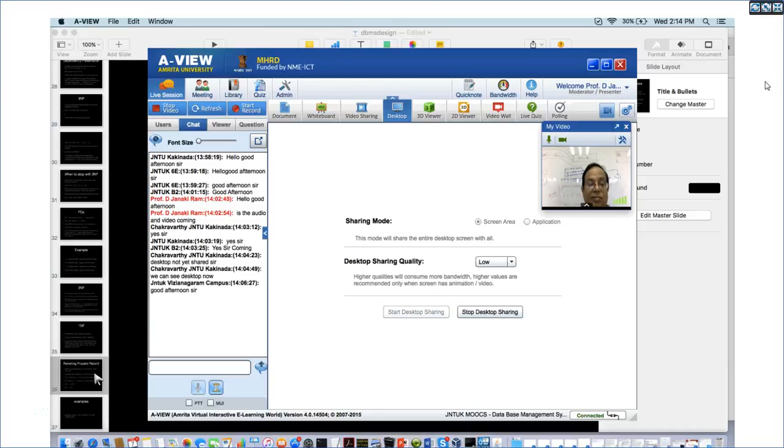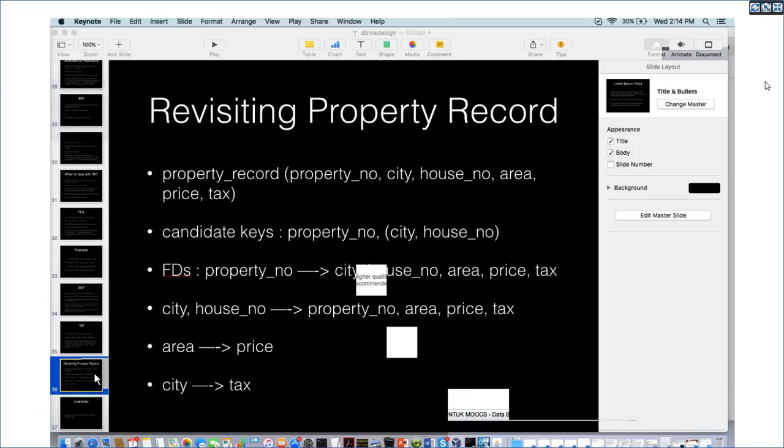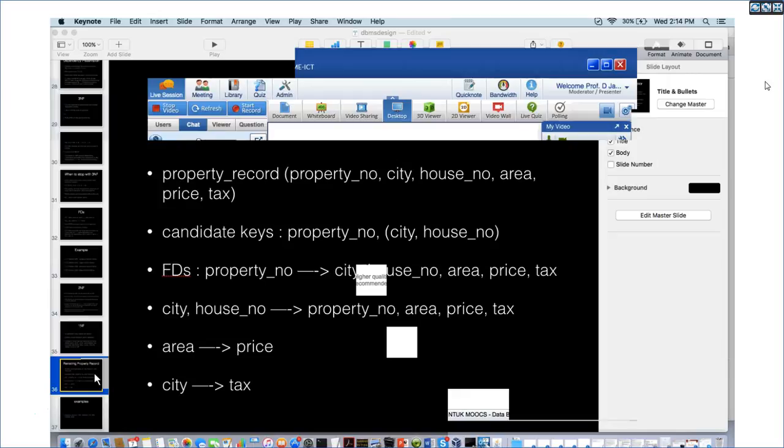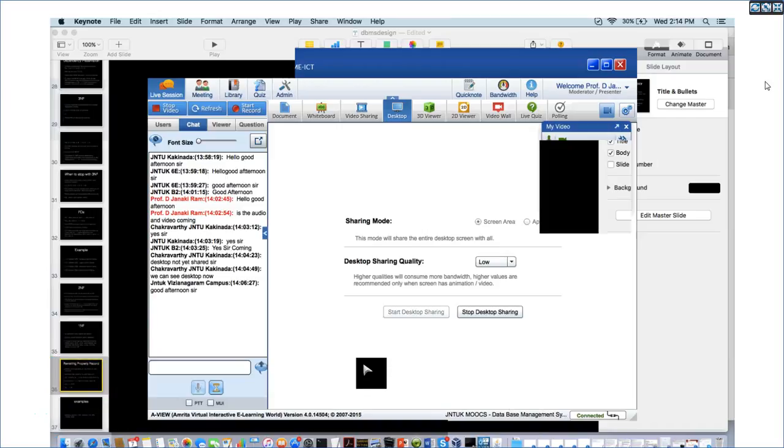What is the condition for second normal form? I'm just looking at the chat box to see if I get any answers.